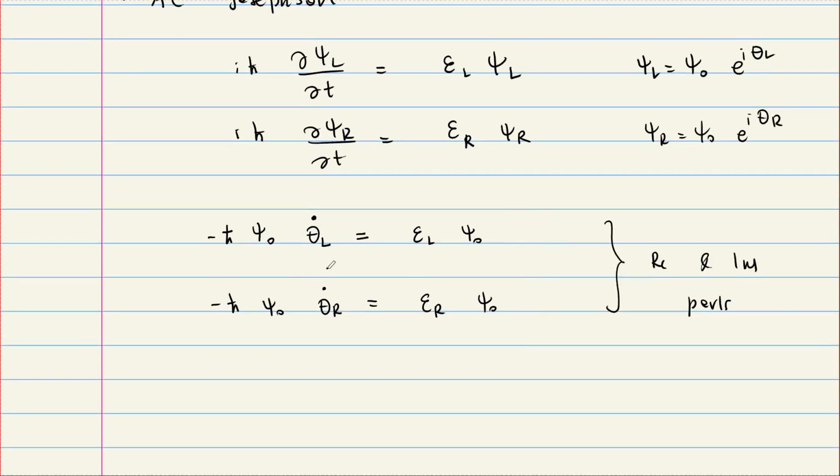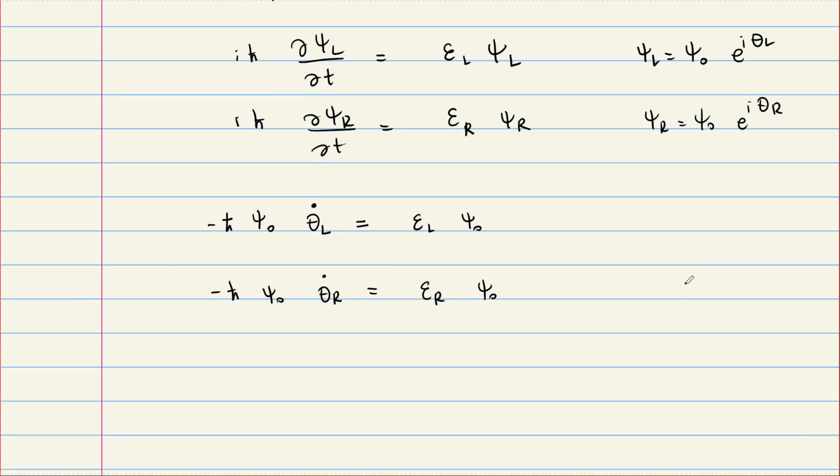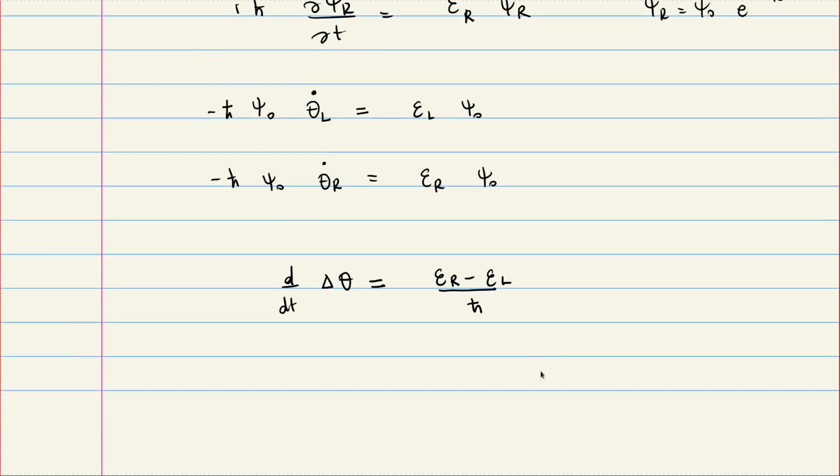Good job, thank you. Yes, so this is correct. Then there are no separate real and imaginary parts. I think I was trying to cut these pieces from the exam. Then that's even better. Here I find d dt delta theta is equal to E right minus E left divided by h bar. That's it, right? Nothing else.